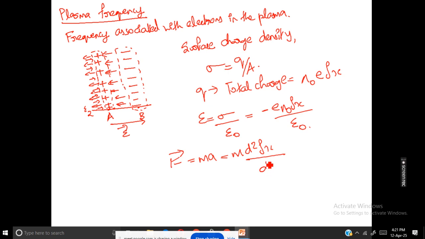So the electric field is basically providing the force to take the electrons back to their initial position. So we can write m into d square delta x by dt square is equal to the electric field force, which is given by minus e N0 delta x by epsilon 0.